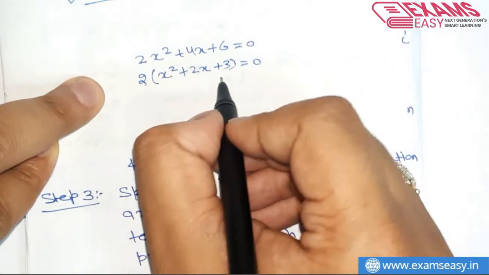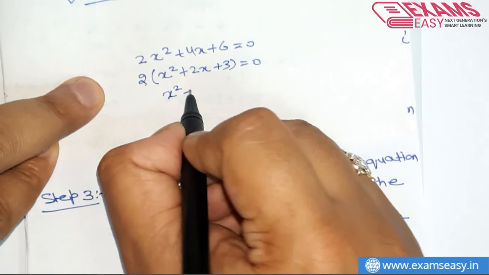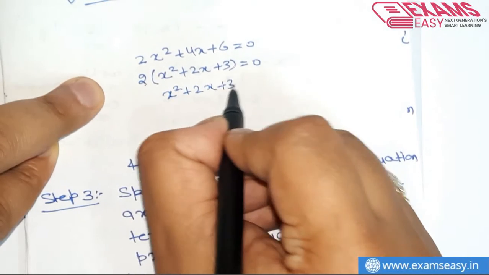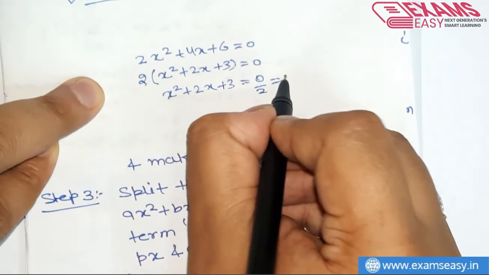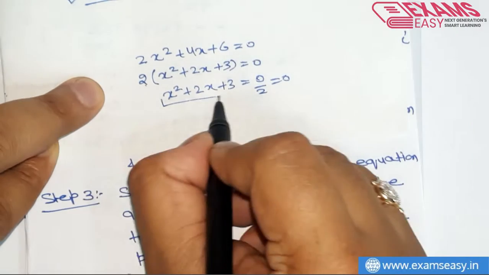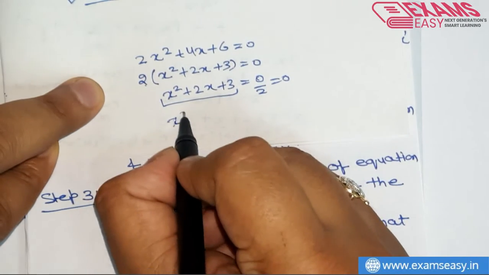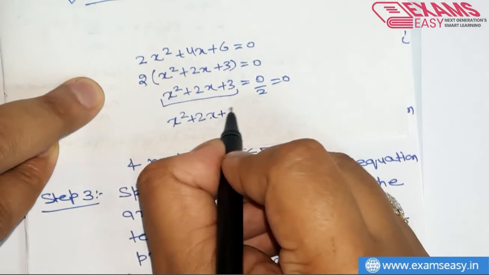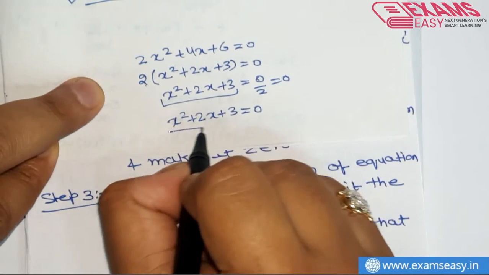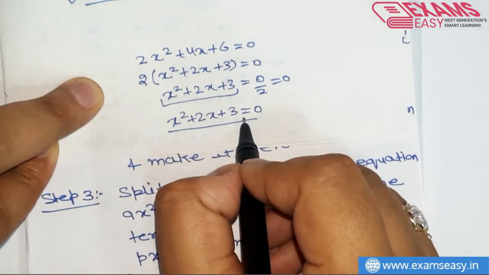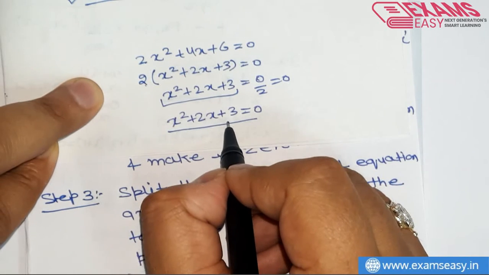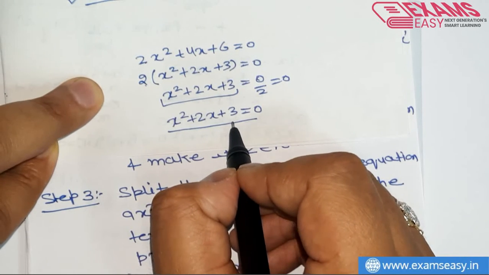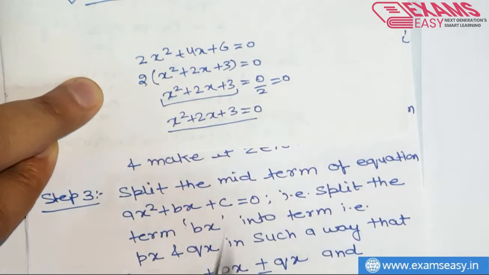If you place 2 on the right hand side, then x² + 2x + 3 is equal to 0 by 2, which is nothing but 0. So we will get the simplified expression as x² + 2x + 3 = 0. So this is the simplified form, and we can easily find out the roots of the quadratic equation from this expression.